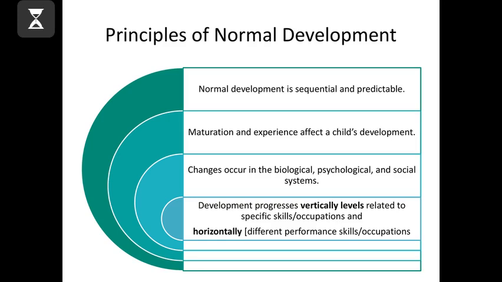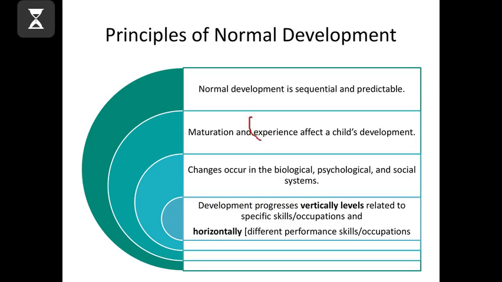Okay. The next point we're going to talk about is maturation and experience affect a child's development. That should be no surprise. The text defines maturation as an innate, natural process of growth and development, and experience as the result of interactions within the environment. So, what have we talked about before? We've talked about contexts and how that can affect skill development.